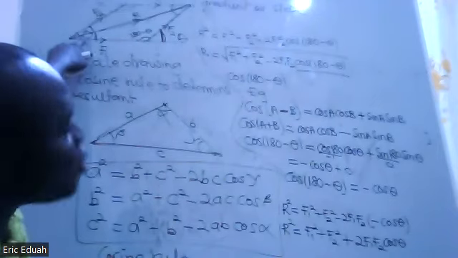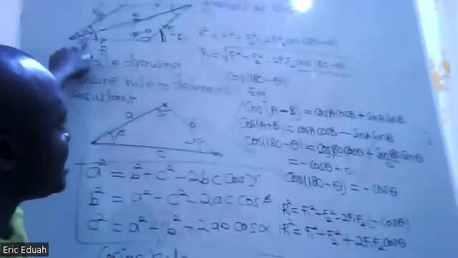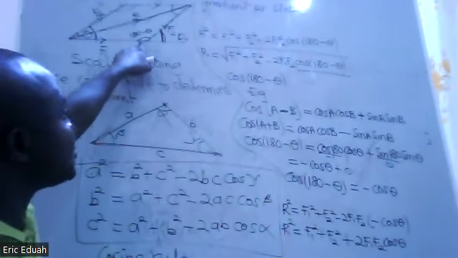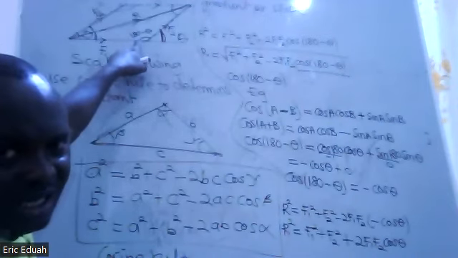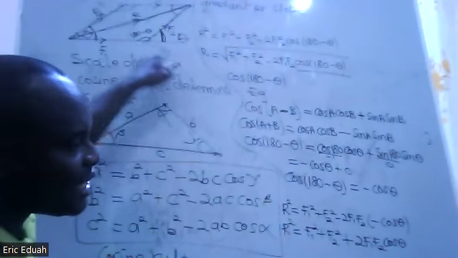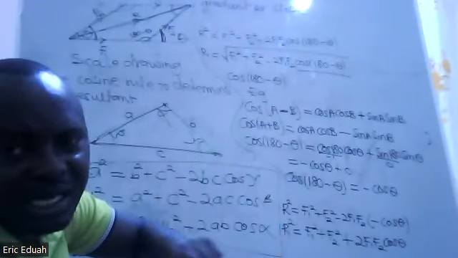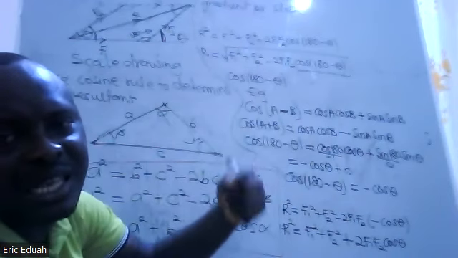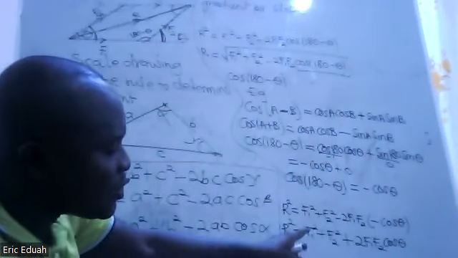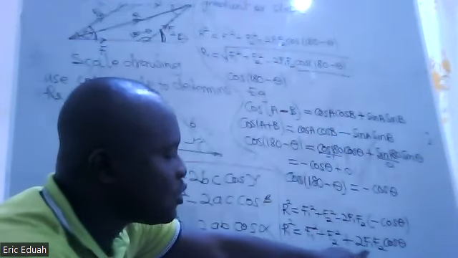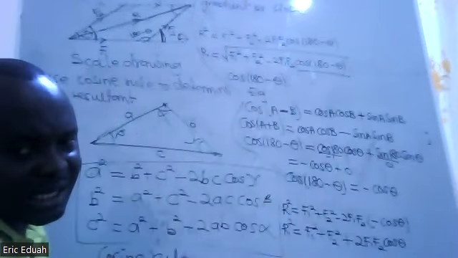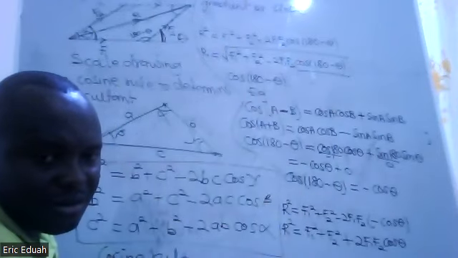So if I give you an angle of 30 degrees, the angle that will be opposite to the resultant will be 150. The cos of 150 is the cos 180 minus theta. But cos 180 minus theta is the same as negative cos theta. So that is the same as plus 2F1 F2 cos 30.